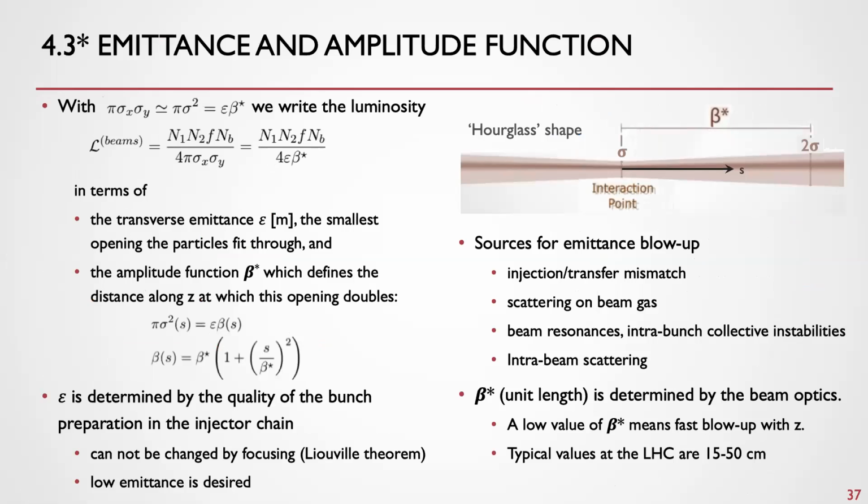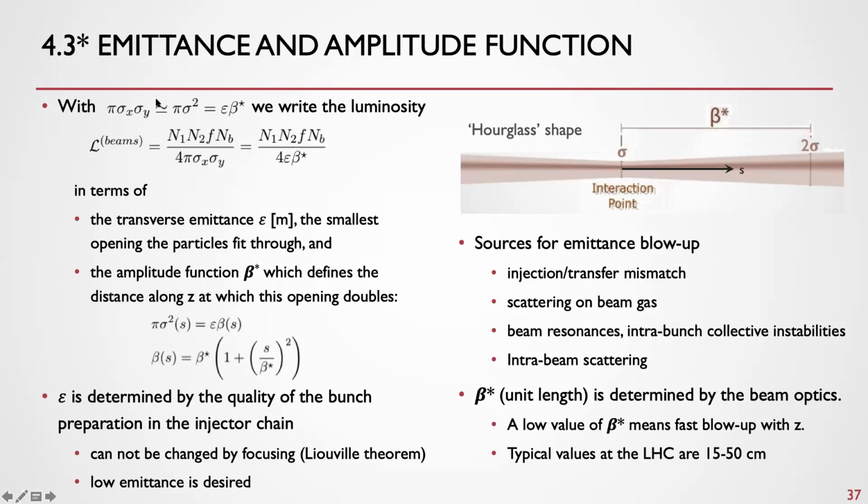Let's look a little bit at what the difficulties are in operating colliders. Emittance and amplitude function. In our single bunch luminosity, we had sigma x and sigma y in the denominator. So these are the widths of the beams that have to be small.